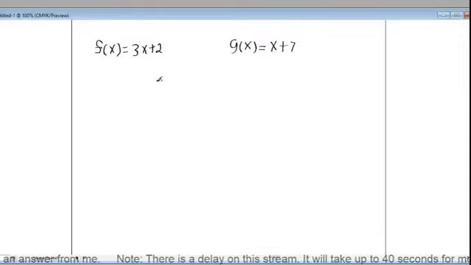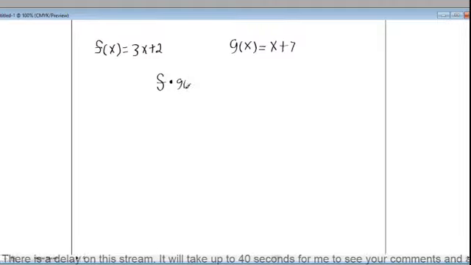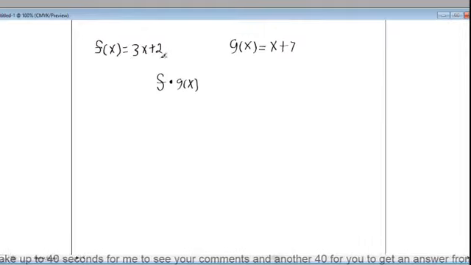And what we want to find is f times g of x. Okay, so just like before, what we're going to need to do here is take f of x and g of x and combine them using this operation. Now before it was addition, so we just had to add the two. Here we have multiplication, so we're going to need to multiply 3x plus 2 times x plus 7.